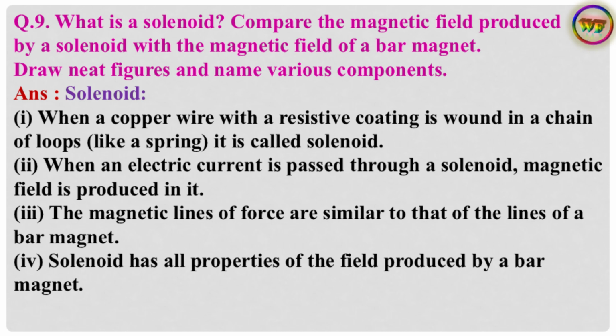Point 2. When an electric current is passed through a solenoid, a magnetic field is produced in it. Point 3. The magnetic lines of force are similar to those of a bar magnet. Point 4. A solenoid has all properties of the field produced by a bar magnet.